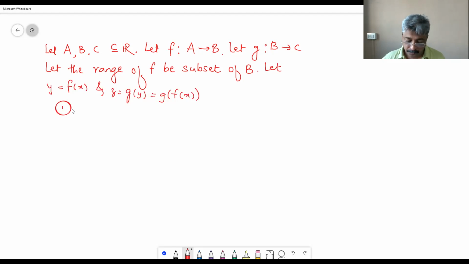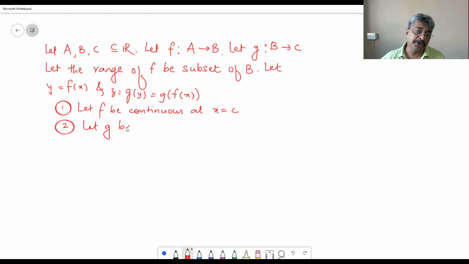One: let f be continuous at x equal to c. Two: let g be continuous at y equal to g of c.